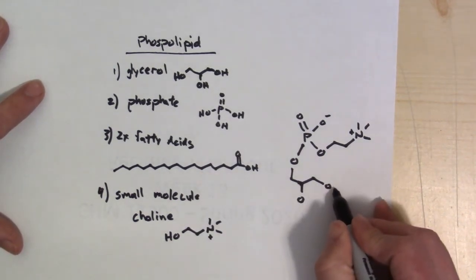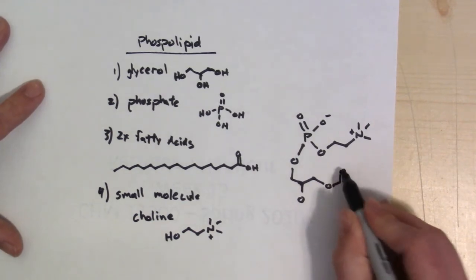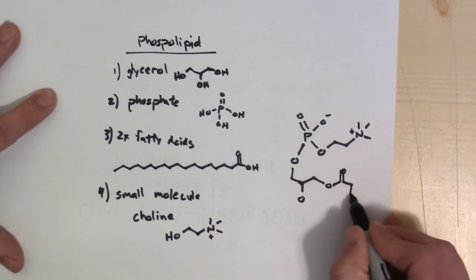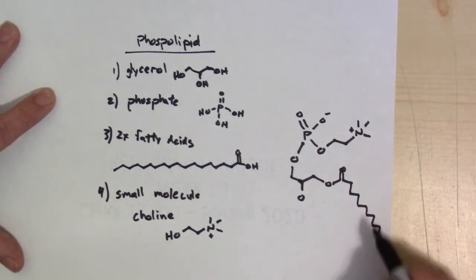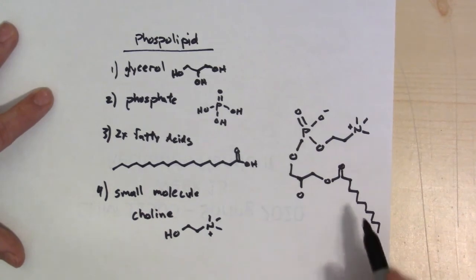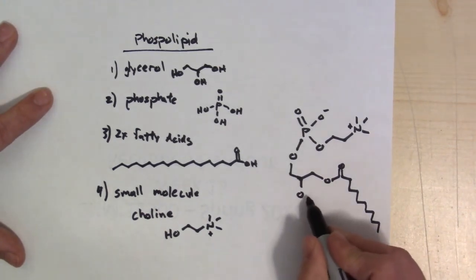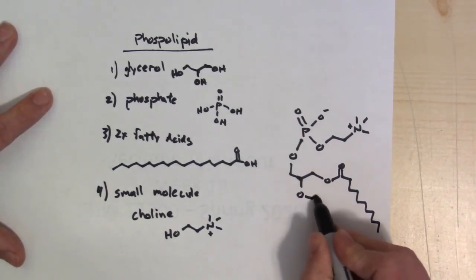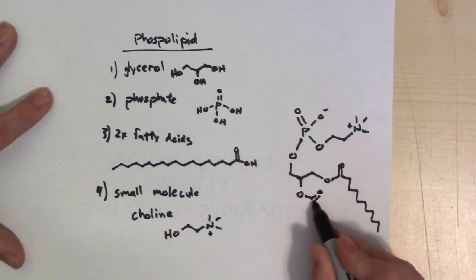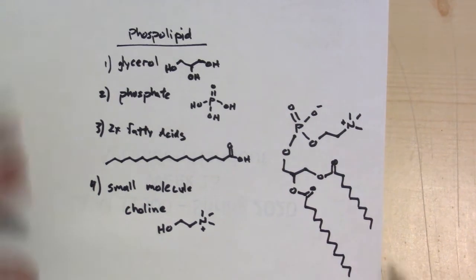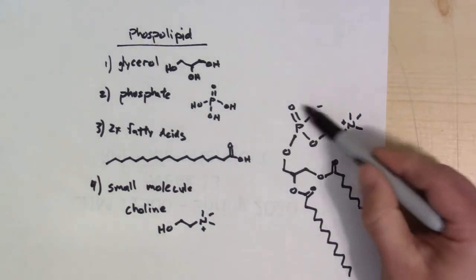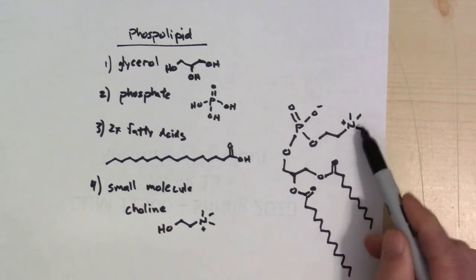So it would be like that. I'm not going to draw all the carbons, but you get the idea. That's where the fatty acid would connect, and similar for the second one. So again, we have our phosphate portion, which is connected to our small molecule.